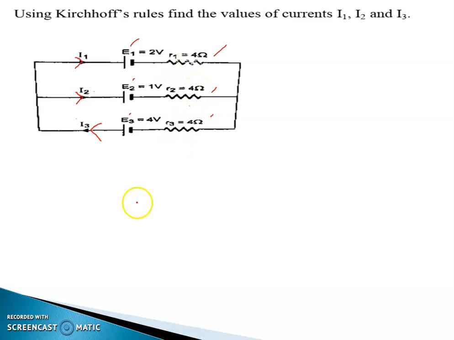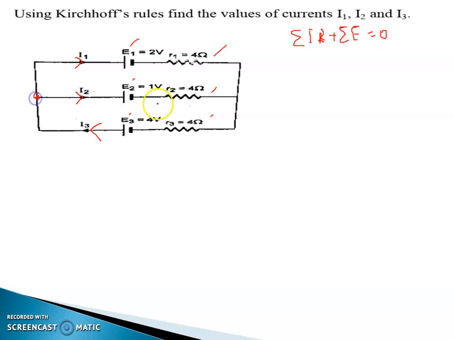the battery. Now students, we have the loop rule: summation of IR plus summation of E, the EMF, is equal to 0. This is the loop rule. Now what we have to do first is apply the junction rule.